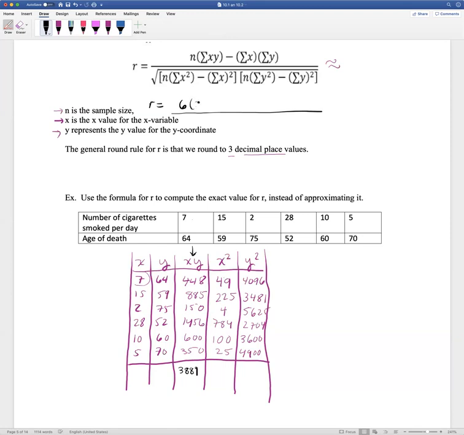So this is 6 times 3889 minus sum of x, so that means we're going to take our x values and sum them up. We have 7 plus 15 plus 2 plus 28 plus 10 plus 5. That gives us a total sum of 67. Okay, let me just check my math one more time.